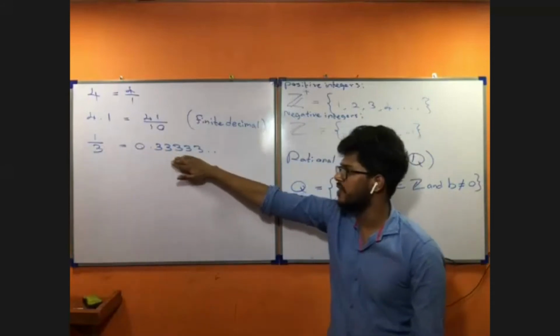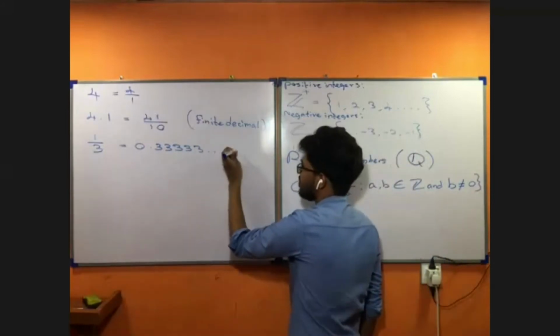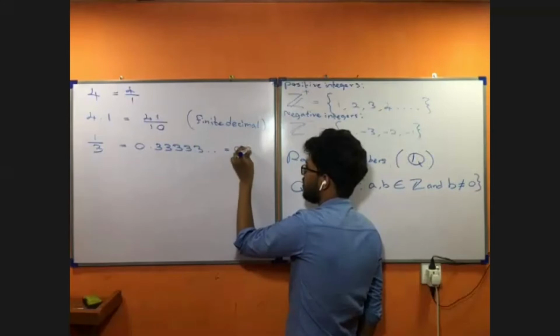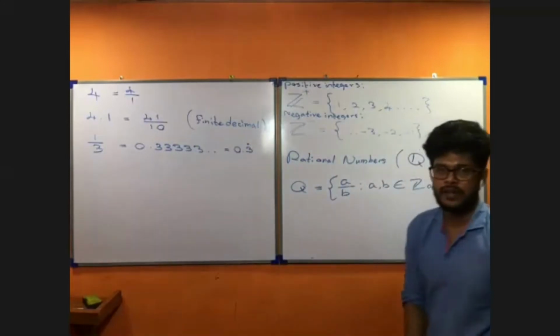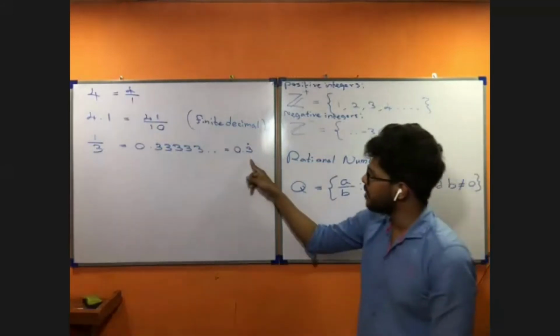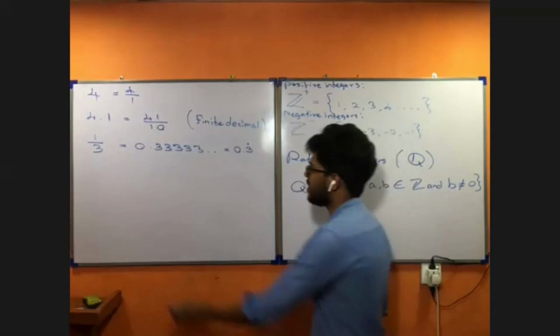We call this type of decimal a recurring decimal. We can express this as 0 with recurring 3. We keep a small dot on top of the recurring number. This is going to repeat forever. So this type of decimal is called a recurring decimal.